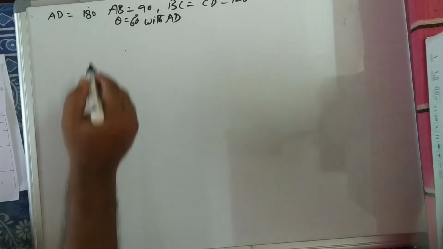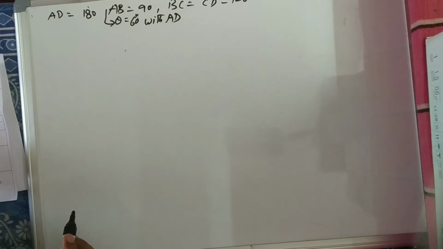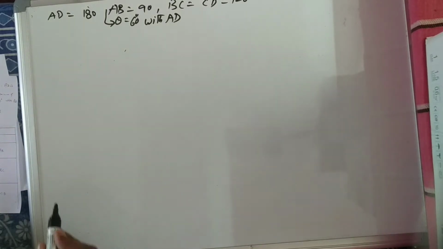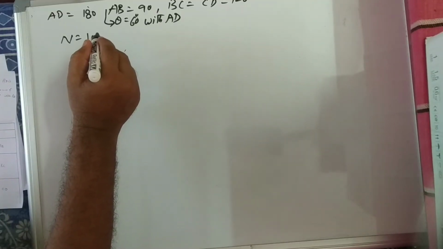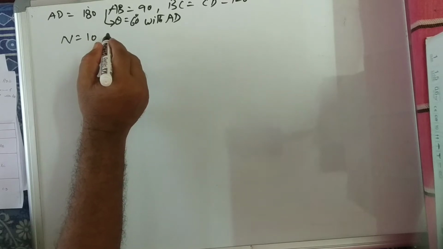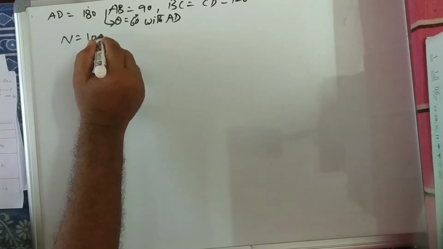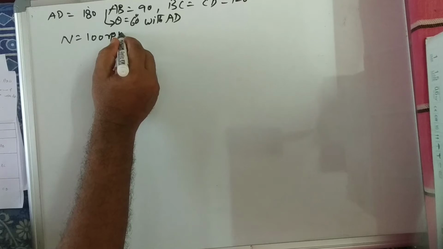Link AB makes an angle theta of 60 degrees with the link AD. And the crank speed is given: AB is rotating at a uniform speed, N equal to 100 rpm.